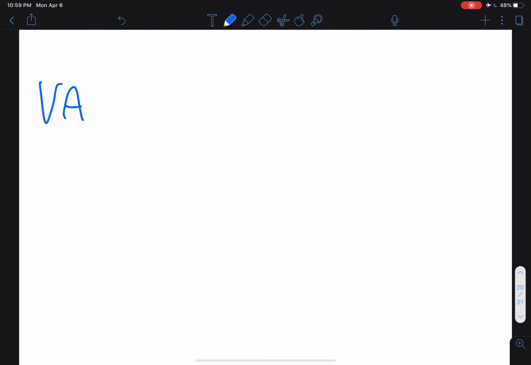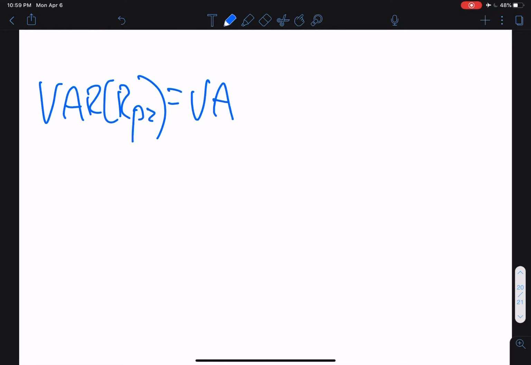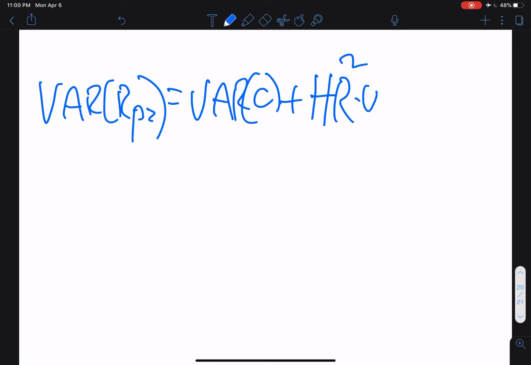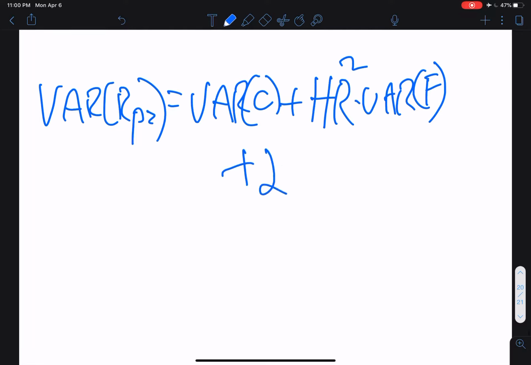The variance of the return on this portfolio of two securities is equal to the variance of the spot asset plus the hedge ratio, call it HR squared, times the variance of the futures price, plus 2 times the hedge ratio times what precedes this, which is an unseen 1. So 2 times HR times 1 times the covar of the cash price and the futures price.